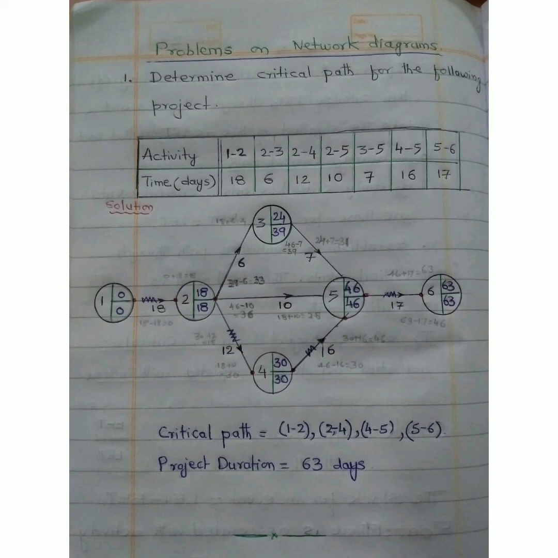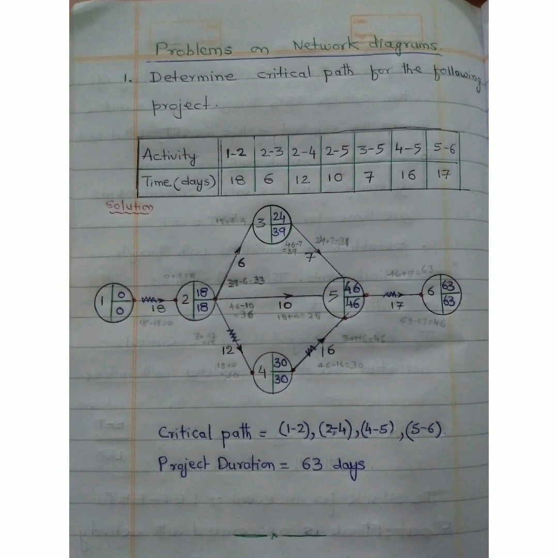In the process, we got 39 minus 6 is equal to 33, 46 minus 10 is equal to 36, and 30 minus 12 is equal to 18 as LETs, and 18 being the minimum, it is the latest event time of event number 2. This way, the latest event time of event number 1 is 18 minus 18, equal to 0. This way we have calculated all the EETs and LETs.